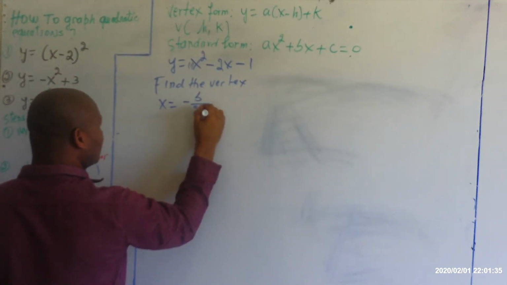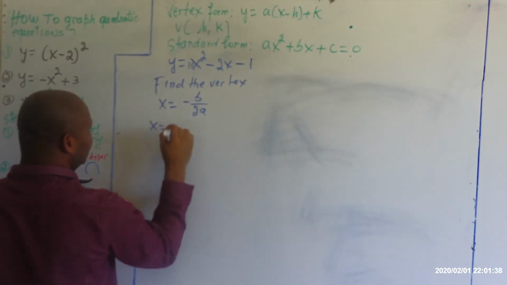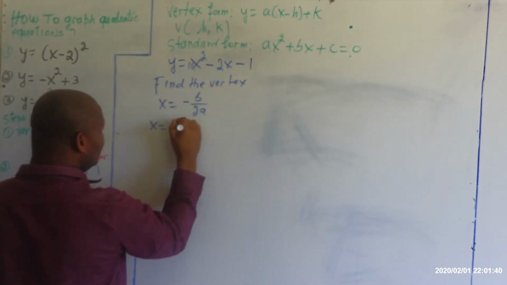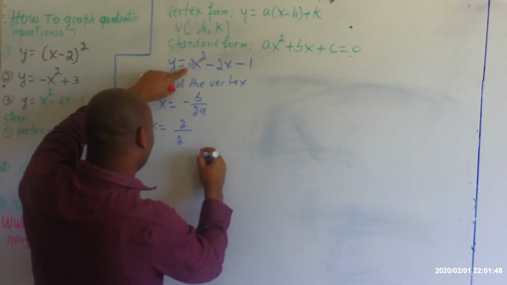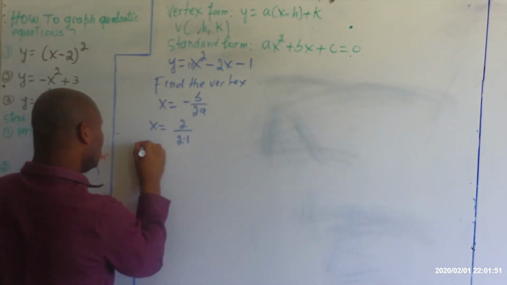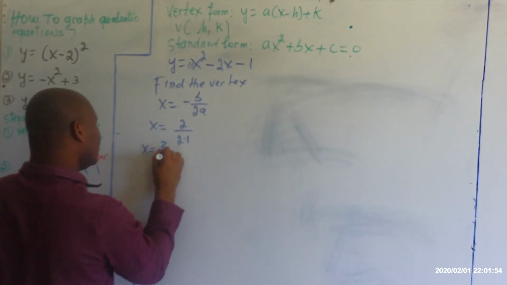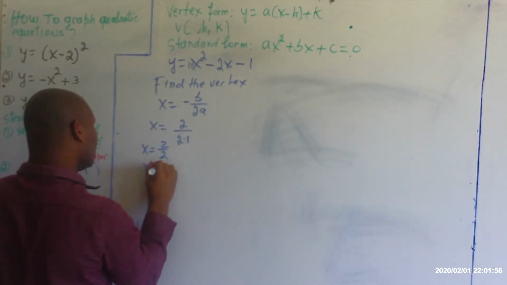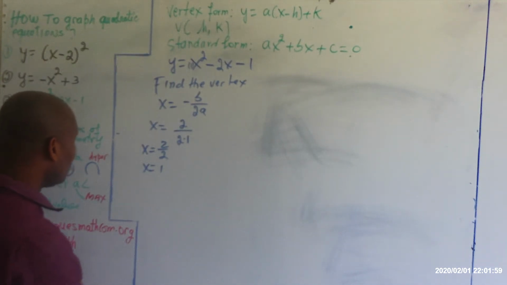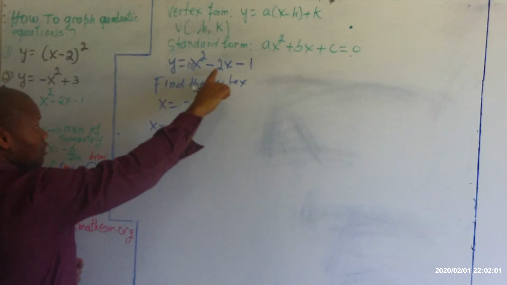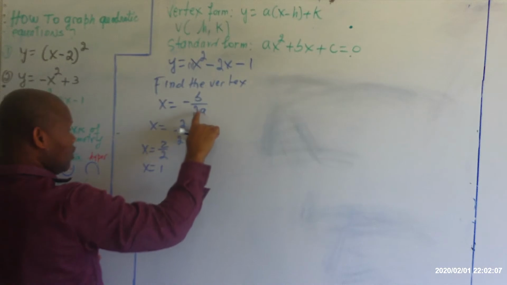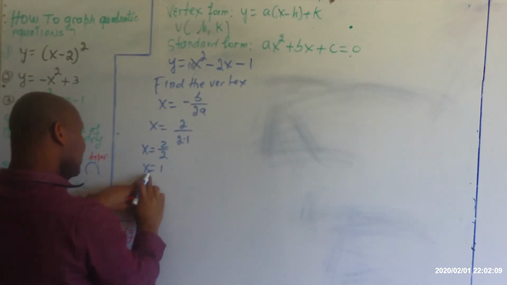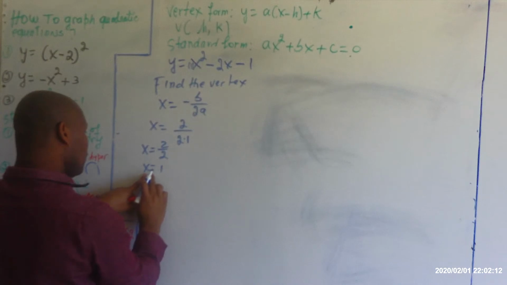Here b is negative 2, so negative b is 2, over 2a. a is 1, so that gives me 2 over 2, that's going to be 1. So this is the first coordinate of the vertex.